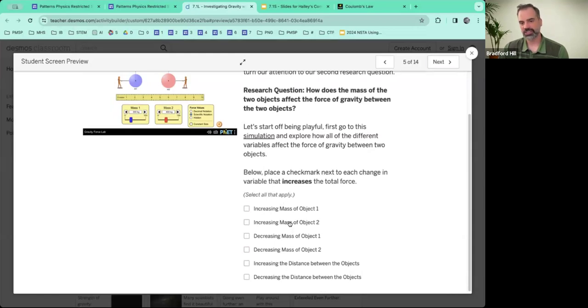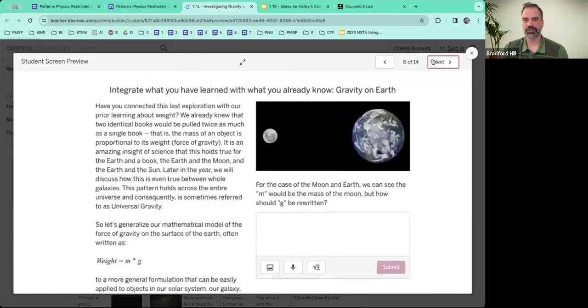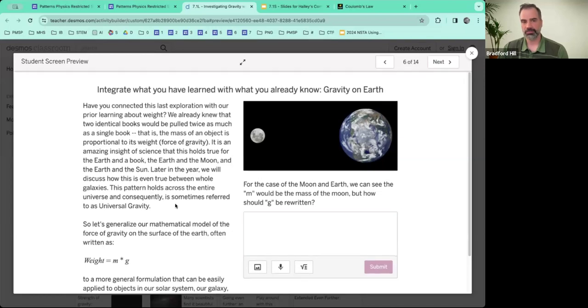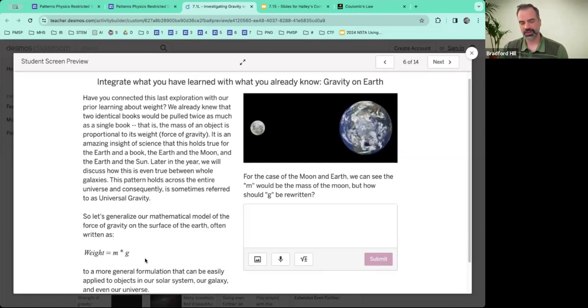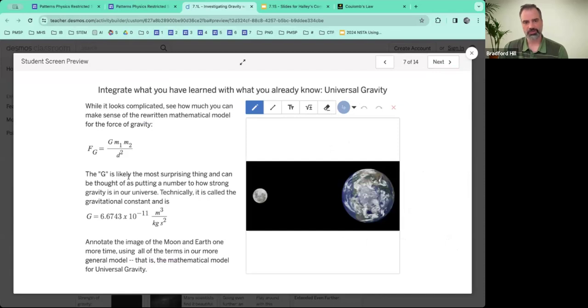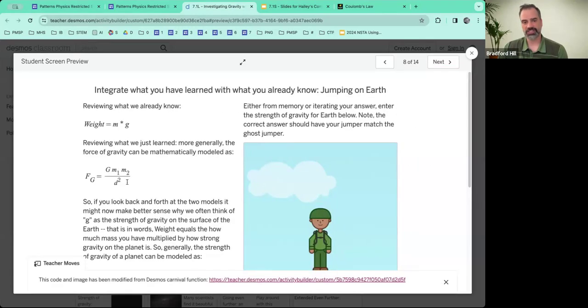In any case, they're just pointing out what objects seem to affect it, getting them to write a little bit. We've hit the main part of the universal law, but there are some things in the evidence statement. So I don't want to read every one of these slides to you. You might ask, why are some of these details here? It is straight from the evidence statements and the Next Generation Science Standards.